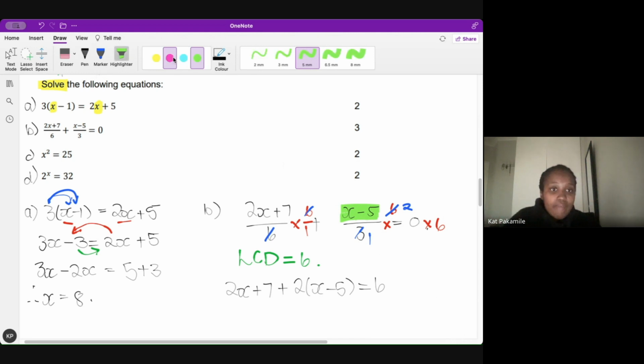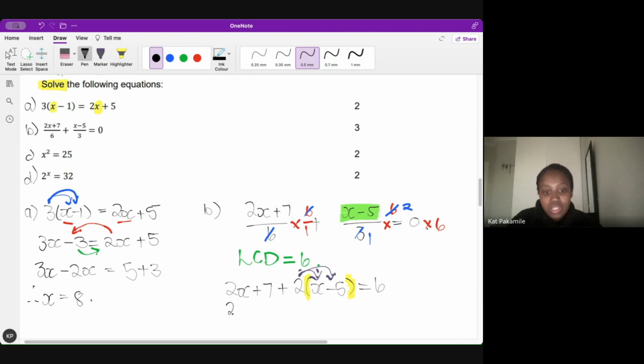Once again, we have a problem with brackets. And how do I get rid of those brackets? What is my favorite word? Starts with a D. How are we going to solve those problems? There we go. We're going to distribute. So we take 2 multiplied by x and multiplied by -5.